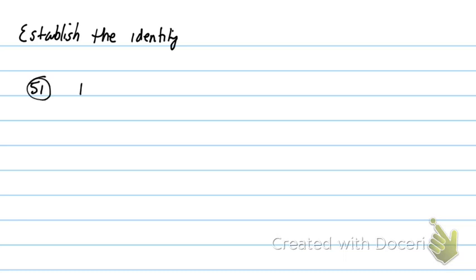We have 1 minus the sine of v over cosine v, and then plus, we have cosine v over 1 minus sine of v. And then they want us to show that that's really just 2 secant v.